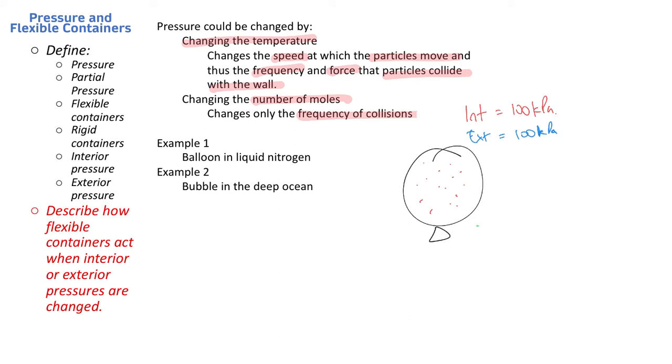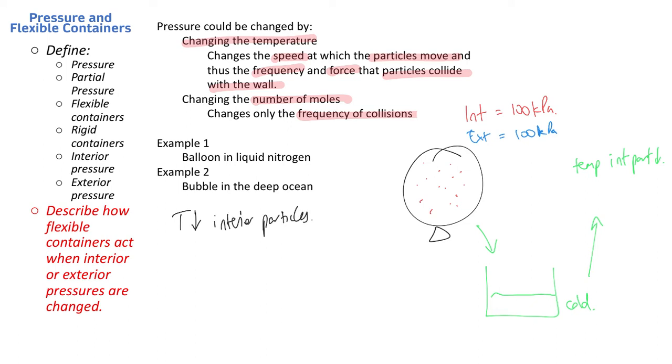Now, I drop this balloon into some liquid nitrogen, which is very cold. What will happen is that the temperature of the interior particles will decrease when I dip it inside the liquid nitrogen. So when the temperature of the interior particles decreases, what will happen to the frequency of collisions?